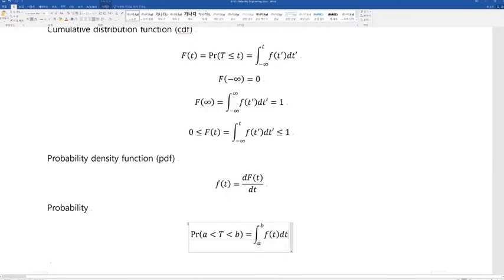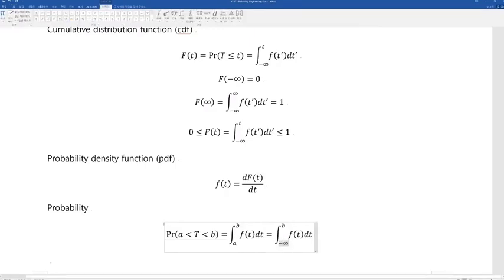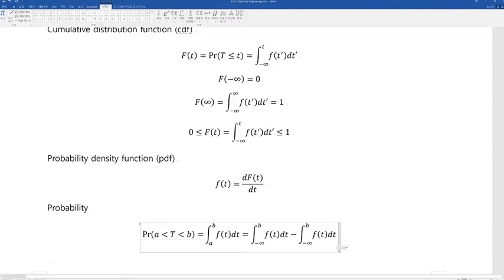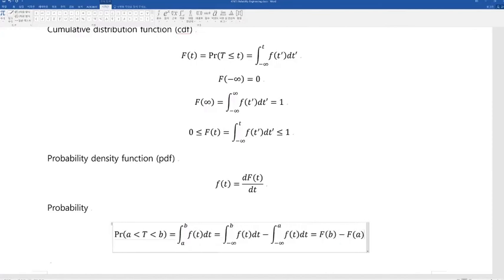And of course this will be the same as the integral from negative infinity to b minus the integral from negative infinity to a, and by definition they are the same as F(b) minus F(a), the cumulative distribution.